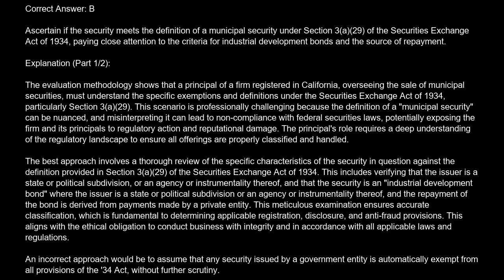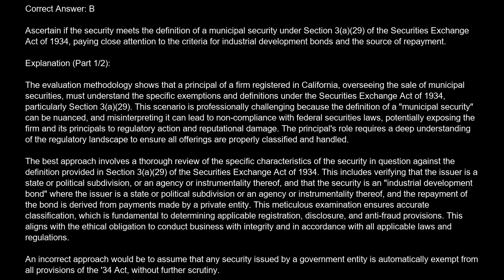This meticulous examination ensures accurate classification, which is fundamental to determining applicable registration, disclosure, and anti-fraud provisions. This aligns with the ethical obligation to conduct business with integrity and in accordance with all applicable laws and regulations.